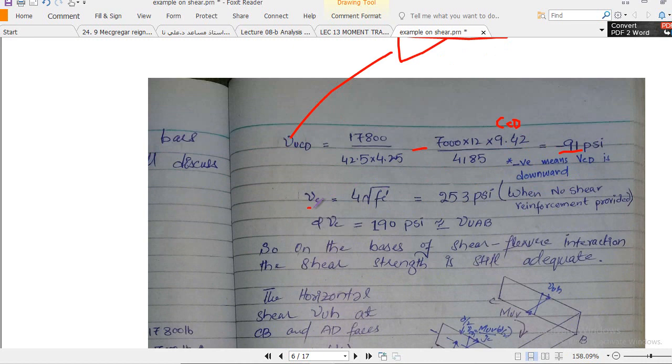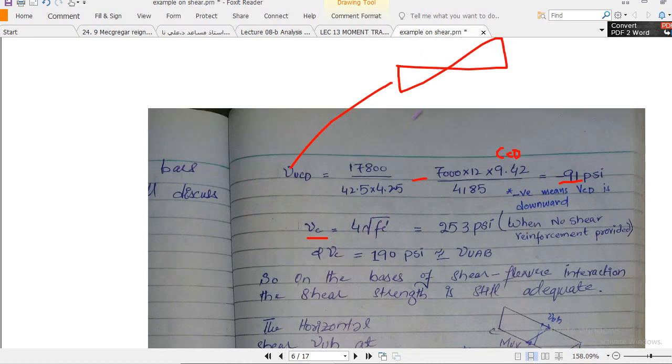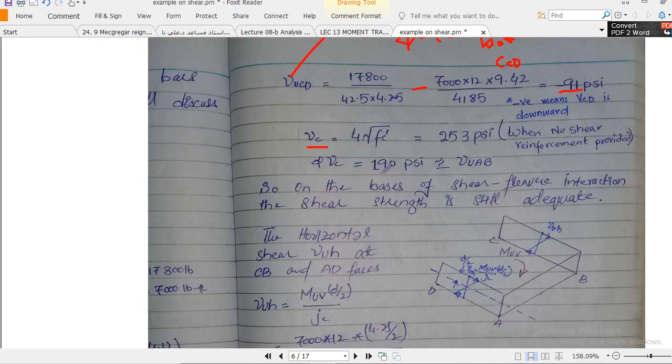Now next you need your VC. We already determined it. VC can be found by this equation, or you can find it from phi VC, which we already determined; phi VC divided by B naught into D will also give you the stress. So my phi VC is 253 psi.